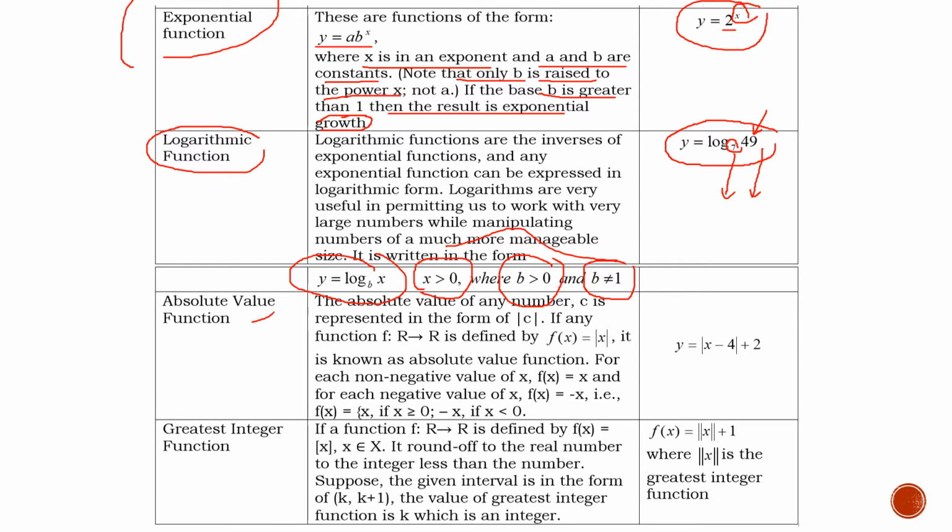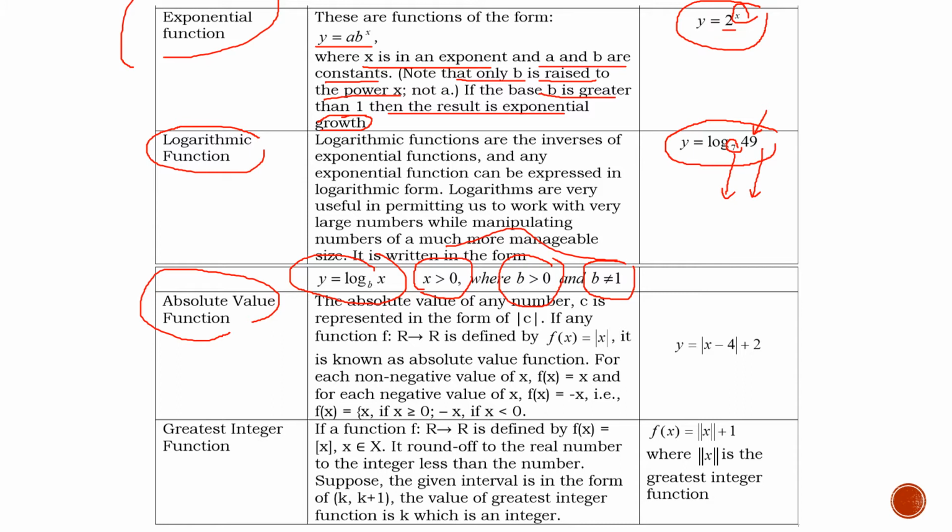Now for the absolute value of a function, the absolute value of any number c is represented in the form of |c|, or the absolute value of c. If any function f from the real numbers is defined by f of x is the absolute value of x, it is known as the absolute value function.